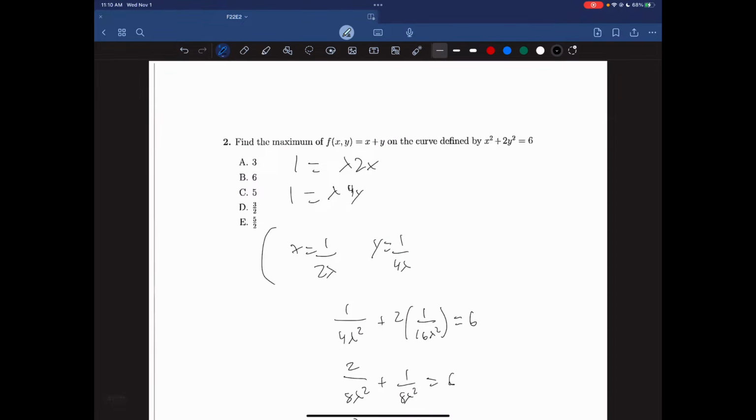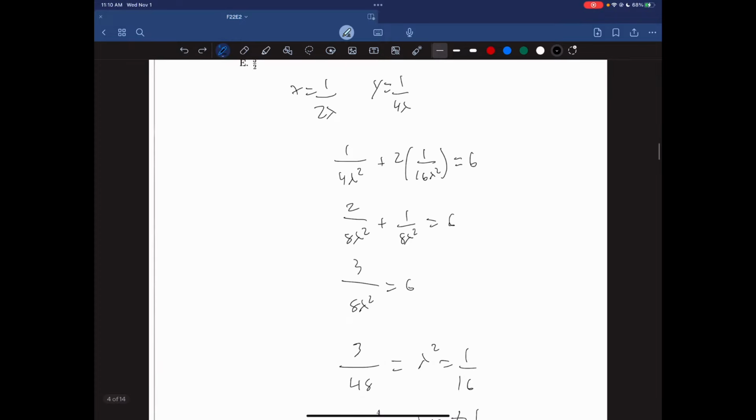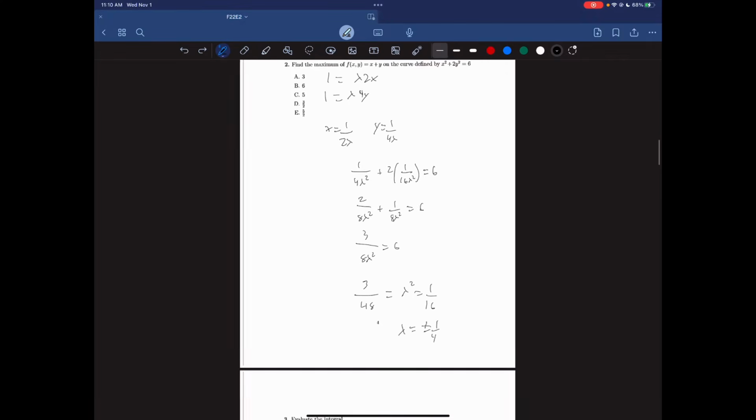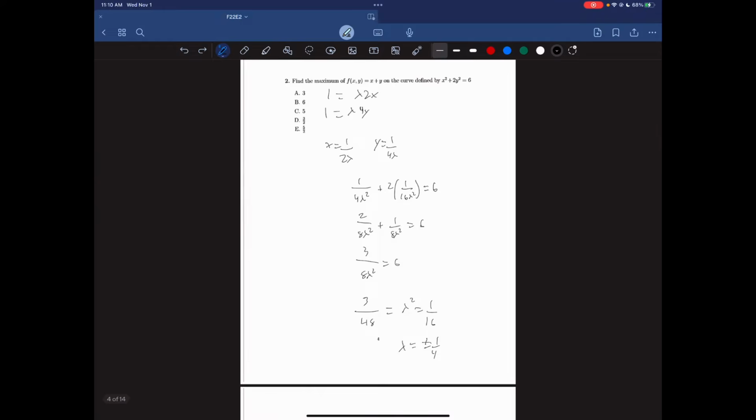And since we have these values right here, we can just plug lambda in there and get our values. Since our function f of x, y is just x plus y, we're just going to take the positive value of lambda, which is just 1/4. And when we plug it in, we're going to get x equals 2 and y equals 1. So adding those together, because x plus y, our answer is 3.